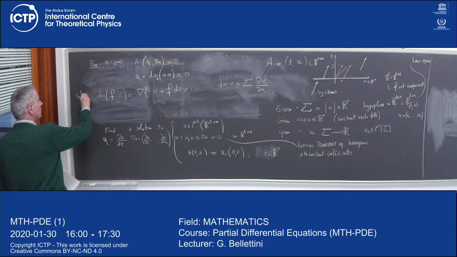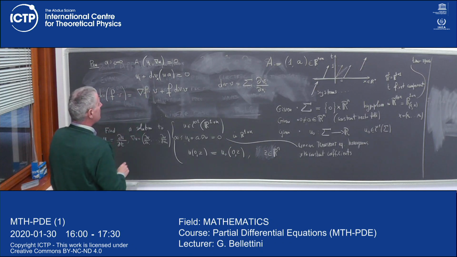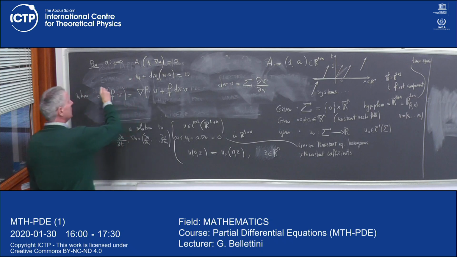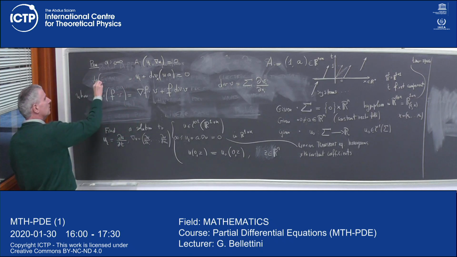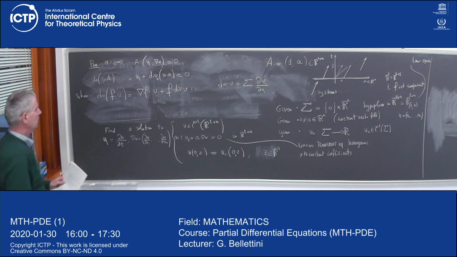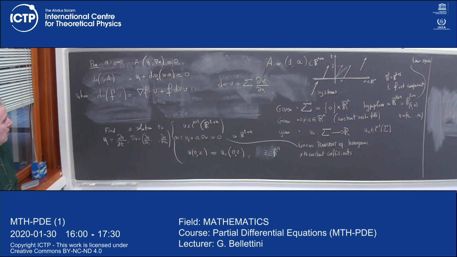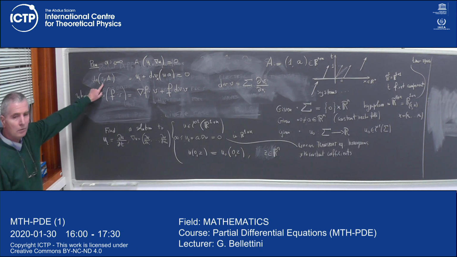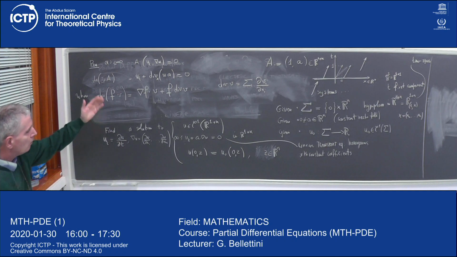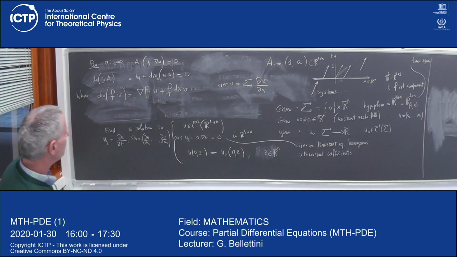Divergence in space, well, I can also write this as the divergence in time space of uA. Divergence in time space, let me check. The gradient in time space, yes. Okay. Do you agree with this? This is divergence in time space. So everything works here.